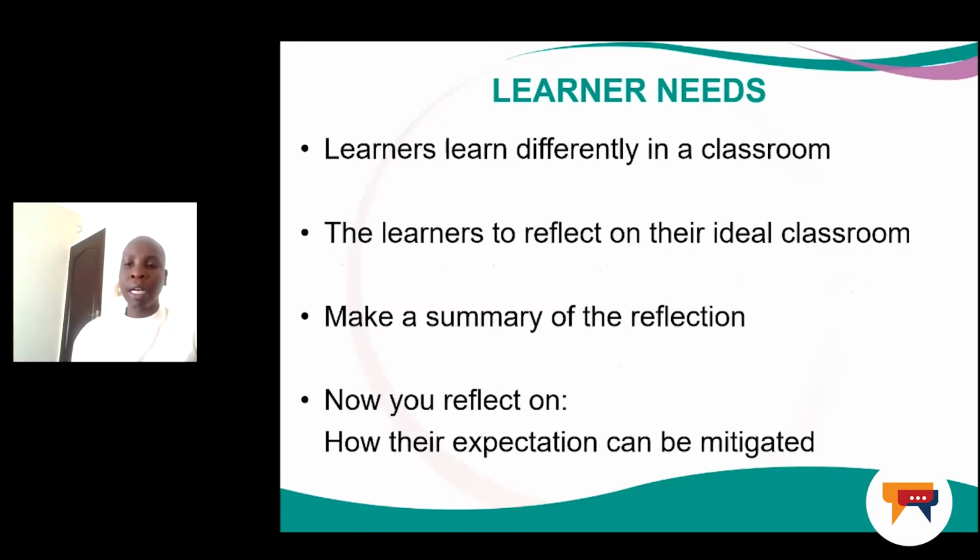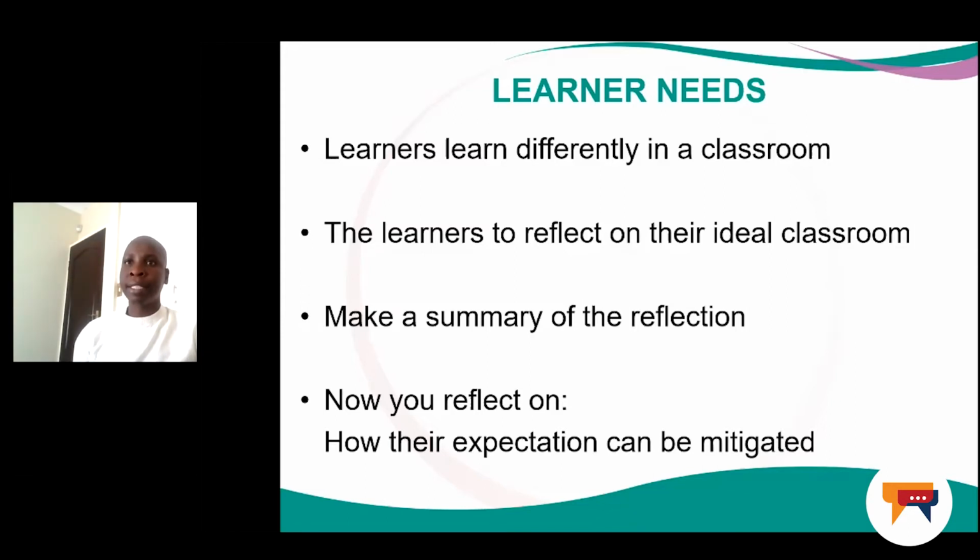So in this portfolio task number 3, you are going to ask your tourism class, the whole class, to write down how they would want to experience tourism learning in their ideal world. So the learners will just write whatever they think, if for them to be able to learn tourism in the context of where you are teaching in the ideal world, what kind of a tourism classroom would they like to have?